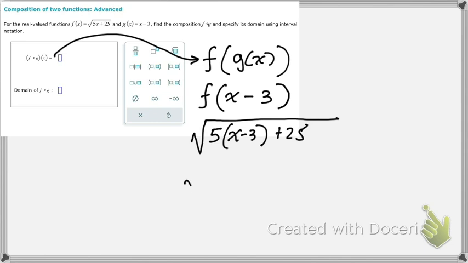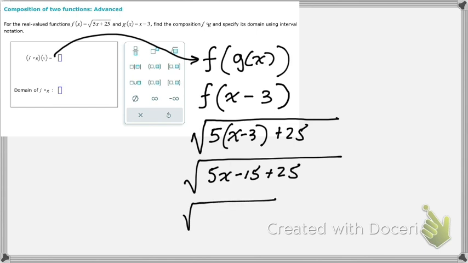Let's see if we can simplify that. 5x minus 15 plus 25, and then I've got 5x plus 10. That looks good, and that is the answer to this first part: the square root of 5x plus 10. And that is the algebraic composition of two functions.